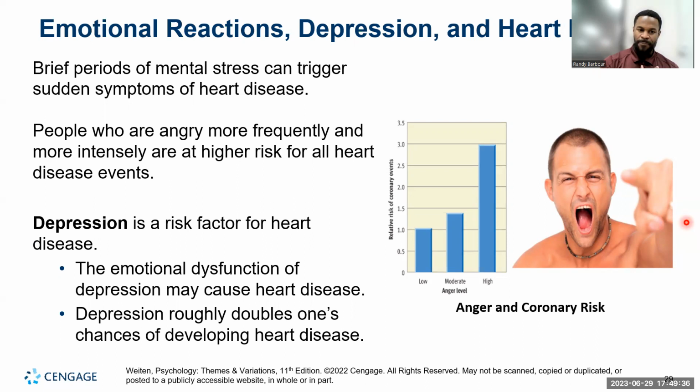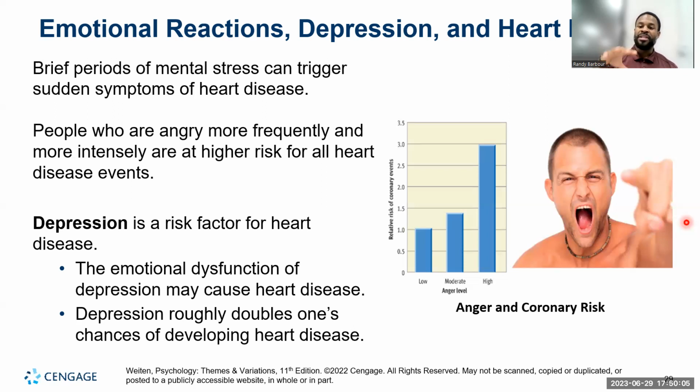He's having a heart attack, right? That anger has a way of creating heart disease and heart attack. And it's not a good thing, right? Also, depression, those who are a little more neurotic, that also is a risk factor for heart disease, right? So any emotional dysfunction, any kind of depression, roughly doubles our chances of developing heart disease.